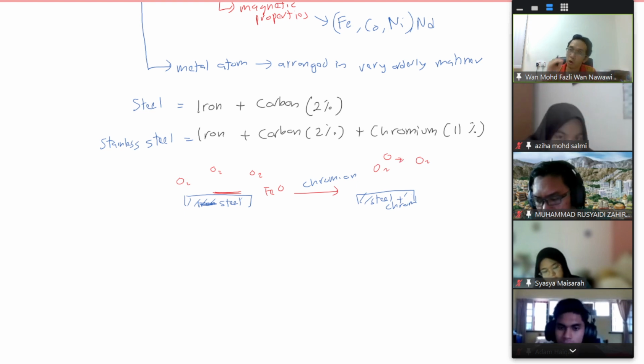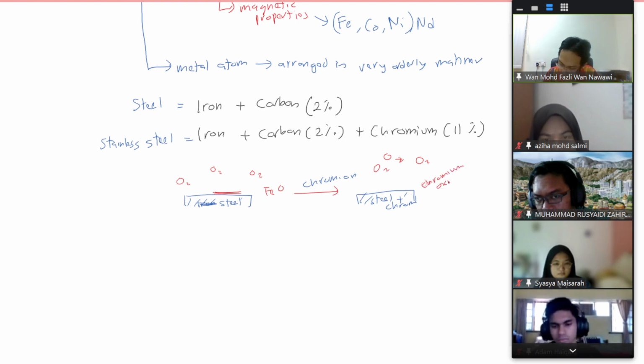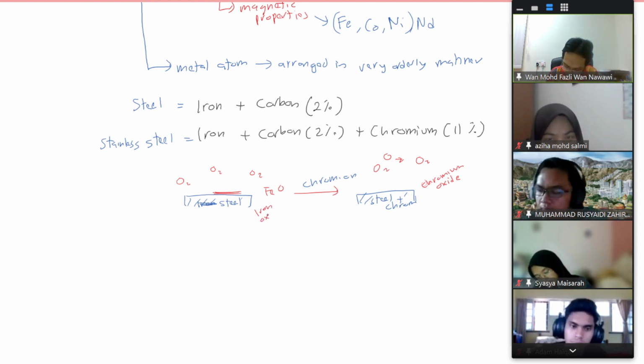But now the chromium, instead of iron oxide, creates chromium oxide.